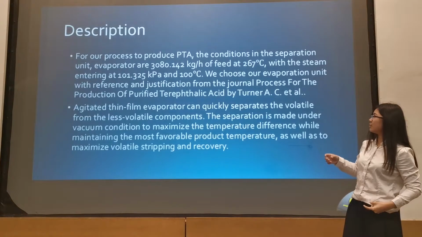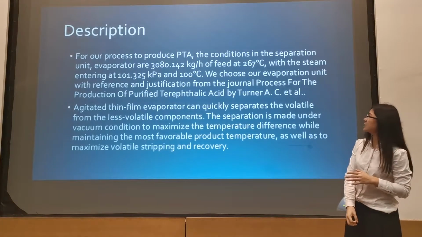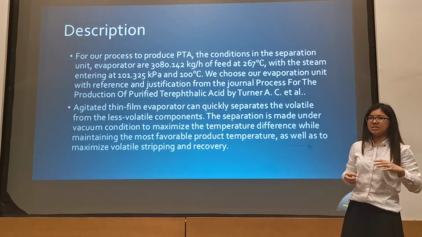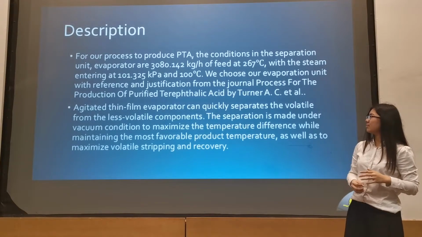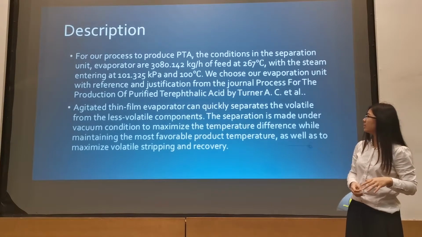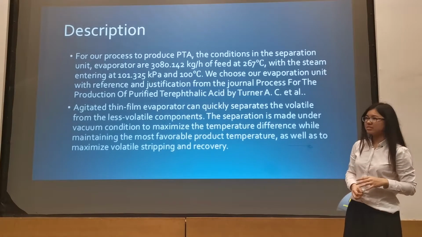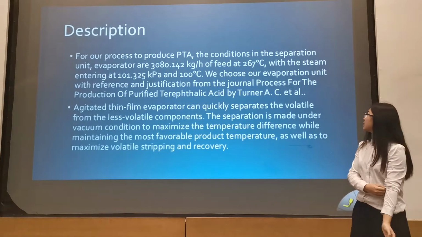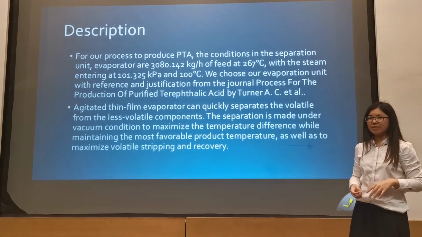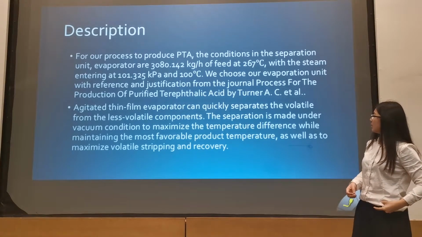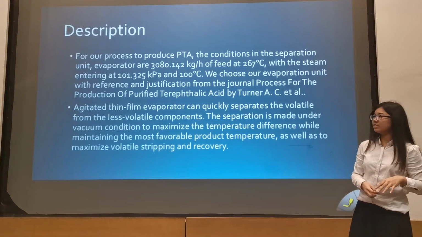For our process to produce PTA, the condition in the evaporator will be set as 3080.142 kg per hour of feed at 206.7 degrees Celsius, with the steam entering at 101.325 kPa. The steam temperature is 100 degrees Celsius.